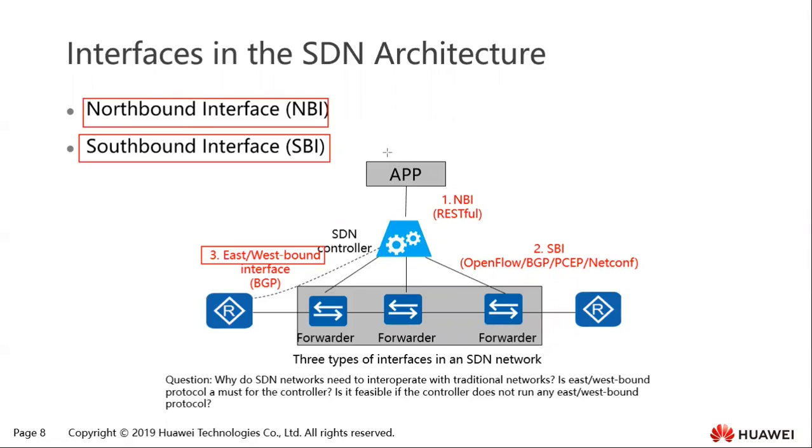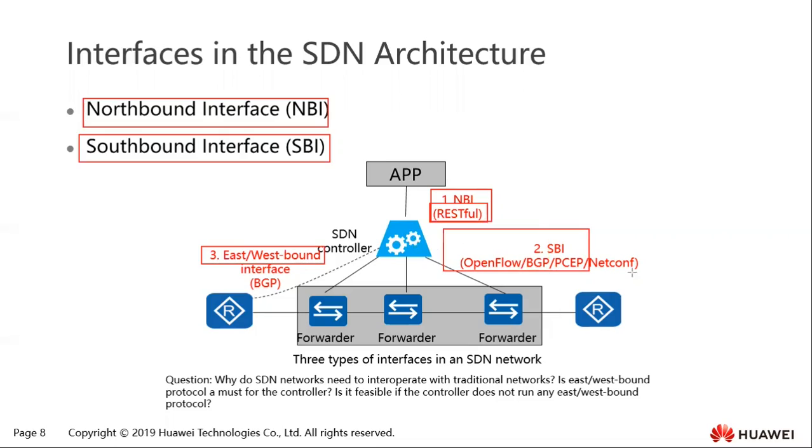Generally, the interface that connects to your application from the SDN controller is what we call the northbound interface. It uses RESTful APIs to communicate between your machine and the controller.